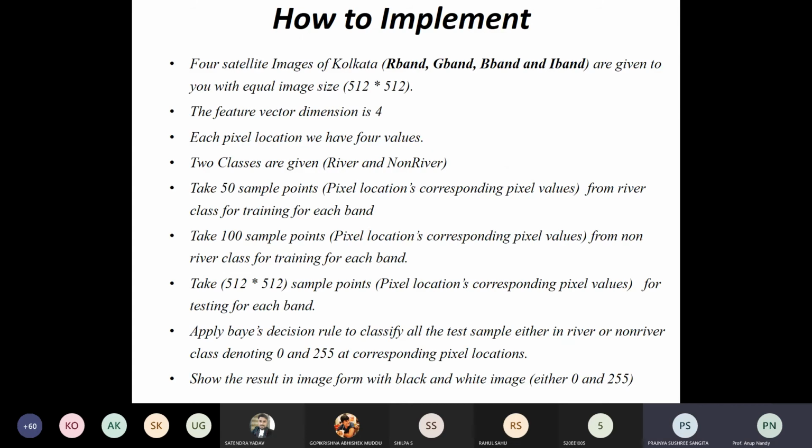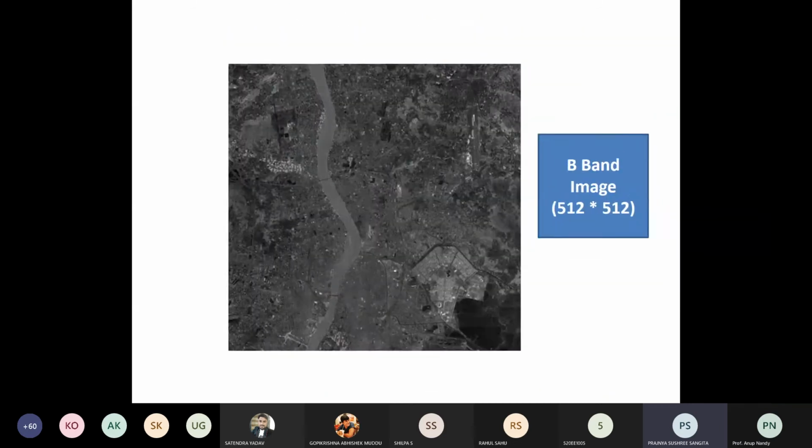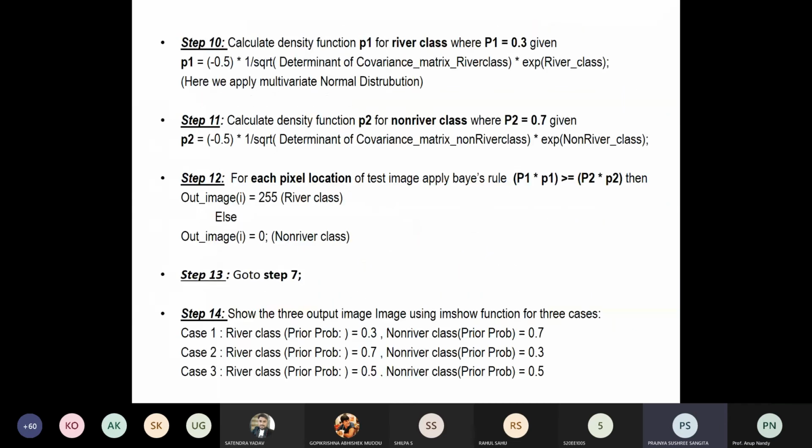Sir, in the last step, number 12, when you are setting output image of I equal to 255, here in a pixel we have 3 RGB values. Are we setting those 3 values to 255 or 0 or something else? No. Actually, what we are going to do is capital Pi into small pi.